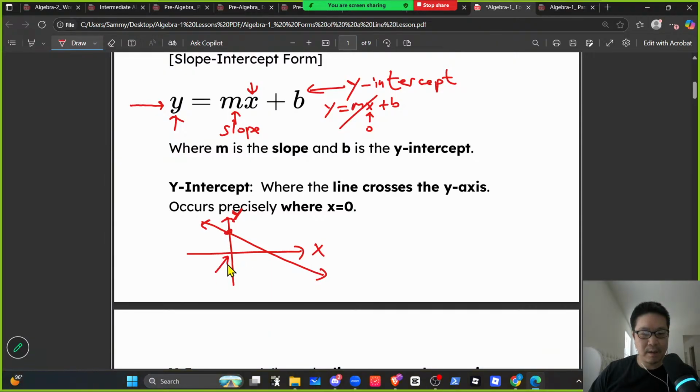That's where x equals 0. And your x-intercept is going to be there, where y equals 0.